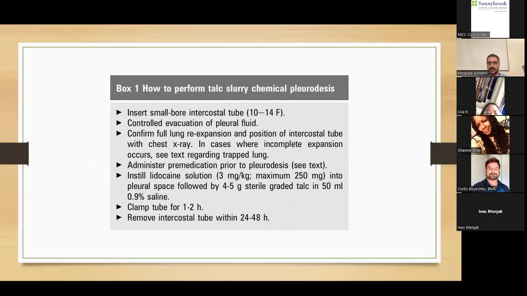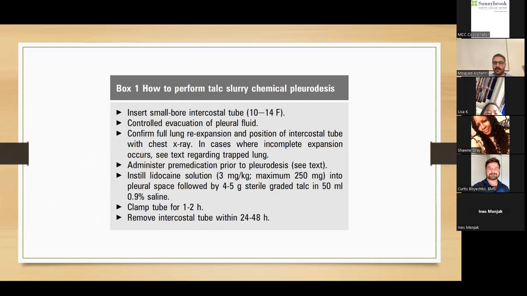For pre-medicating the patient, for example, you give them Tylenol 650 or 1,000 an hour before, or half an hour before. You do the same with morphine, 5 milligrams, or hydromorphone 1 milligram. And then you instill lidocaine solution, for example 2%, 20 ml, within the pleural space.